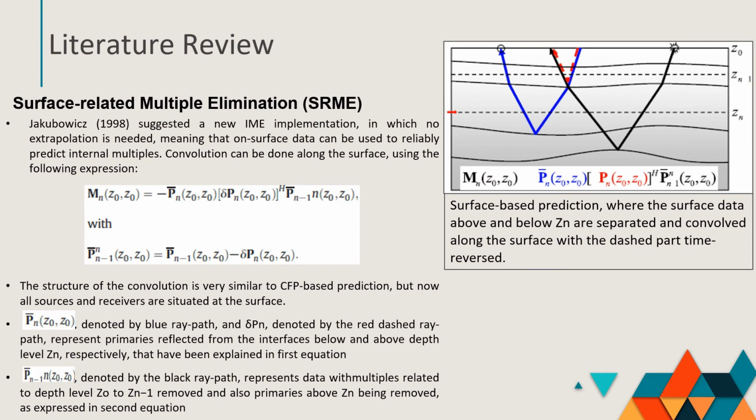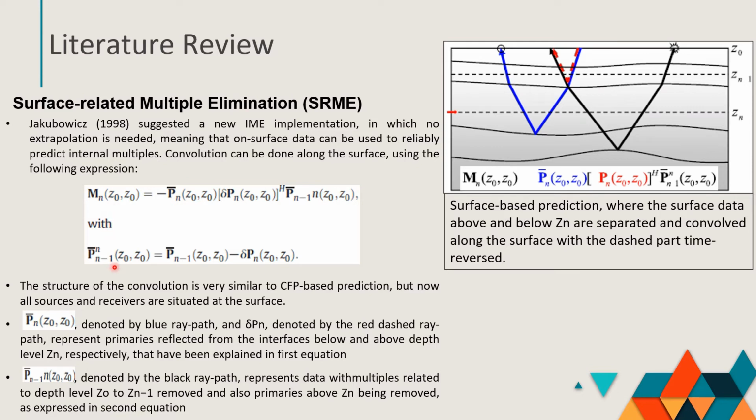Next, we move on to the second method, which is the SRME method, the surface related multiple elimination method. Jakubowicz in 1997 suggested that no extrapolation is needed, meaning that surface data can be used reliably to predict the internal multiples, and the convolution can be done along the surface using the following expression.